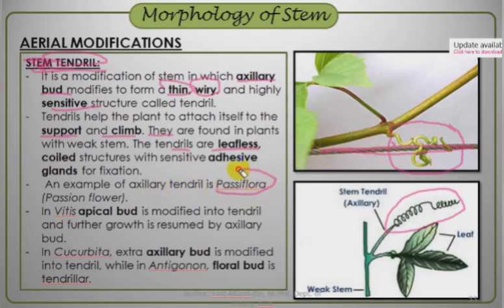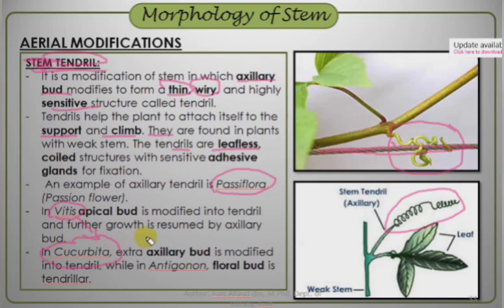Common examples of flowering plants possessing tendrils are Passiflora. Vitis also possesses these tendrils. Vitis vinifera is the botanical name of grapes, angur. Also the cucurbita family, watermelon, cucumber.